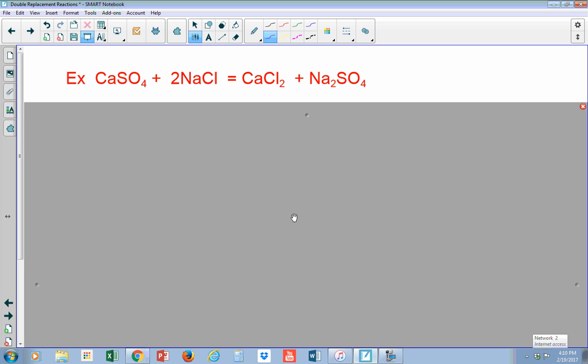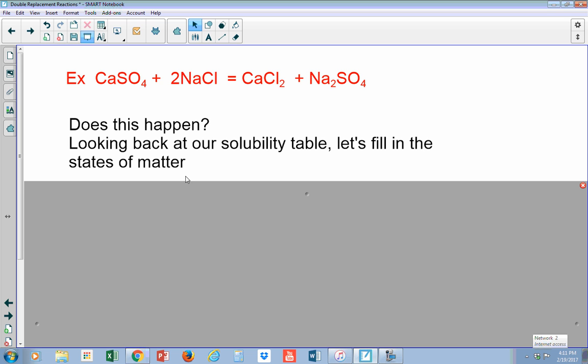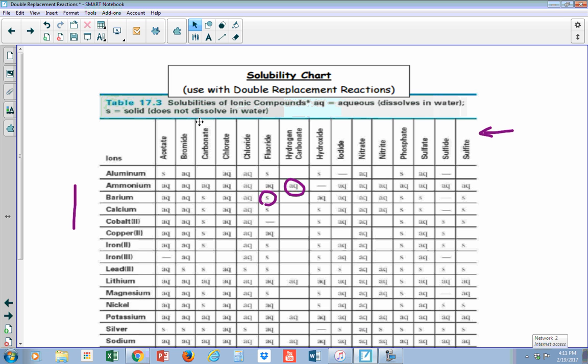So how about this one? Calcium sulfate plus 2 molecules of sodium chloride goes to make calcium chloride plus sodium sulfate. Nice, looks good. Is it balanced? Yeah, it's all balanced, that's fine. But the question is, does it take place? So we're going to use that table, and we're going to put in the states of matter. Calcium chloride would be right there.